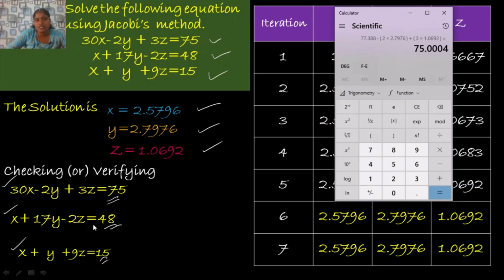Suppose you substitute in the second equation: 2.5796 plus 17y.